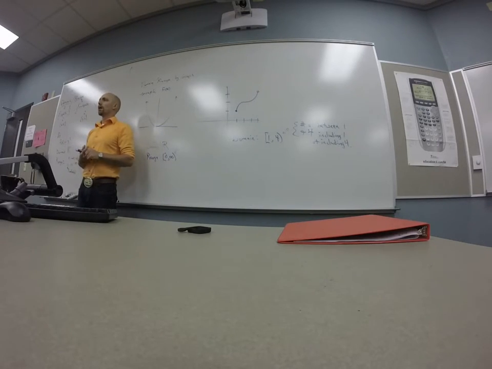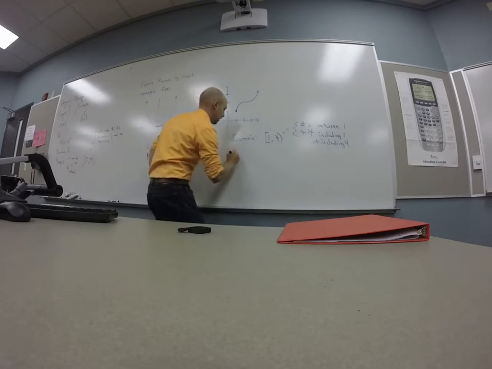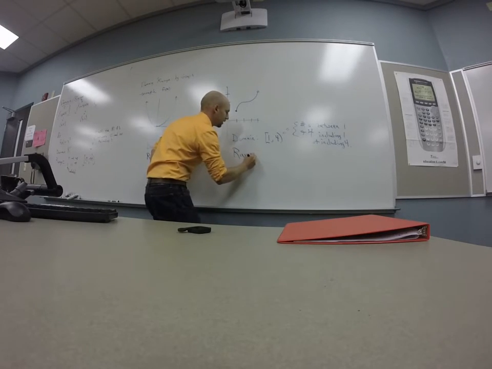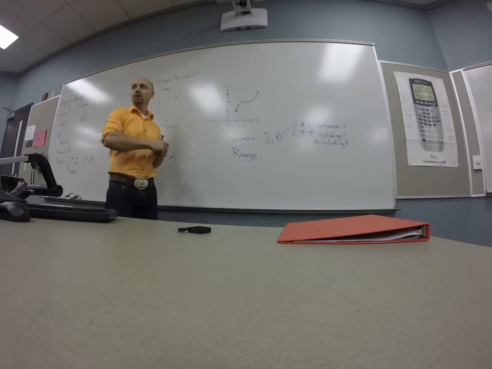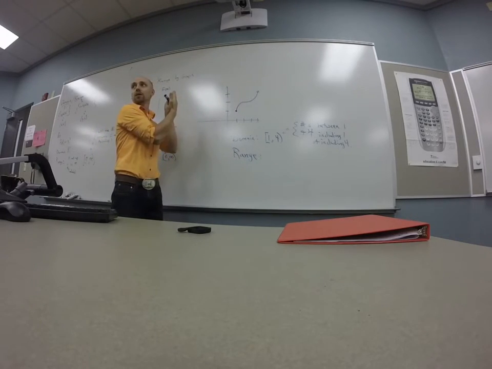Okay, how about the other way? What's the range? Okay, so let's see. So for the range, we should smash onto the output axis, right? So we go this way. We get goop, right?